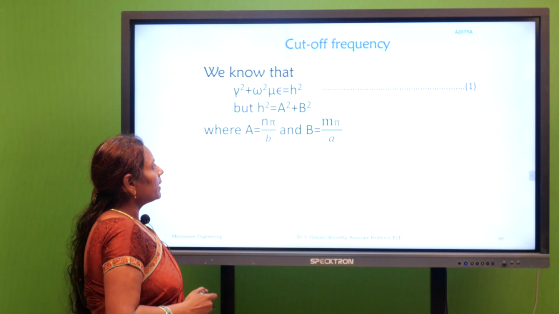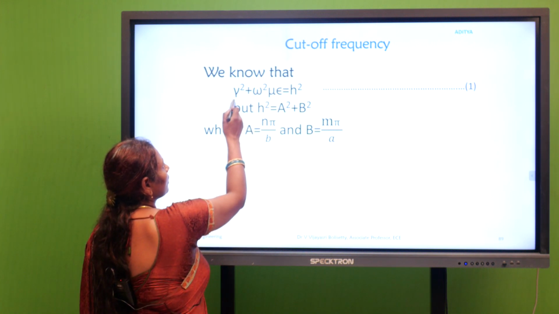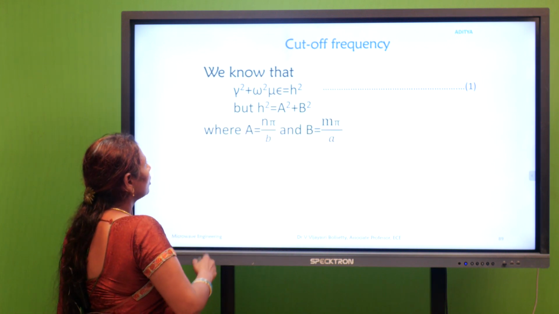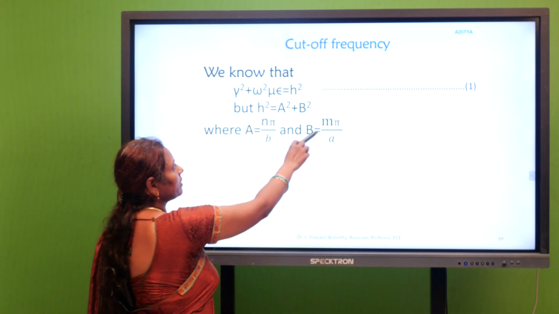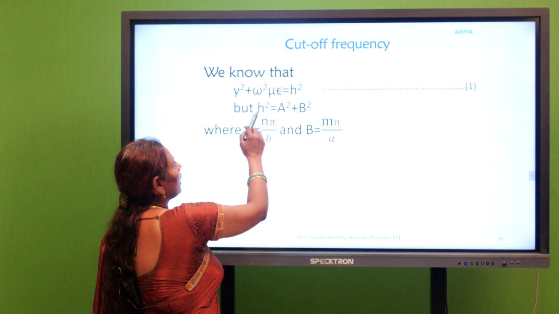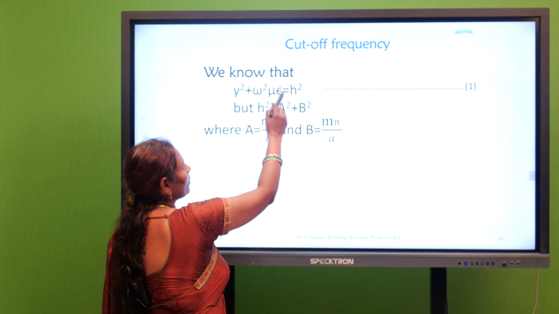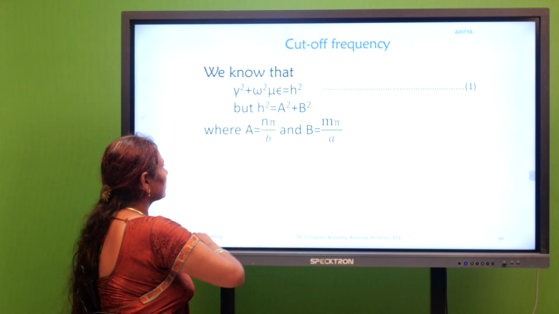By substituting all these together, we can obtain an equation for gamma square. So, let us substitute a equal to n pi by b and b equal to m pi by a in gamma square plus omega square mu epsilon equal to a square plus b square.